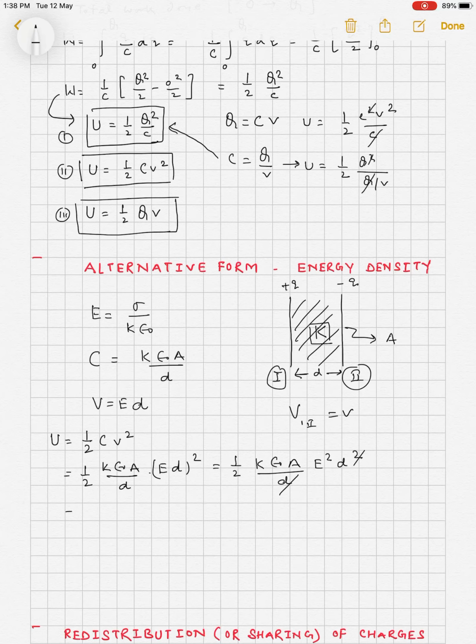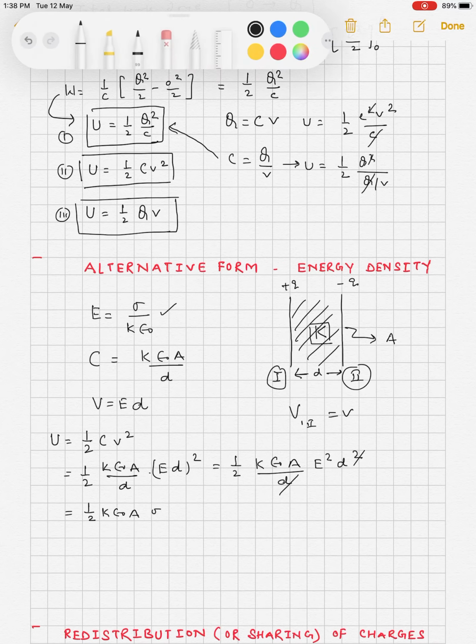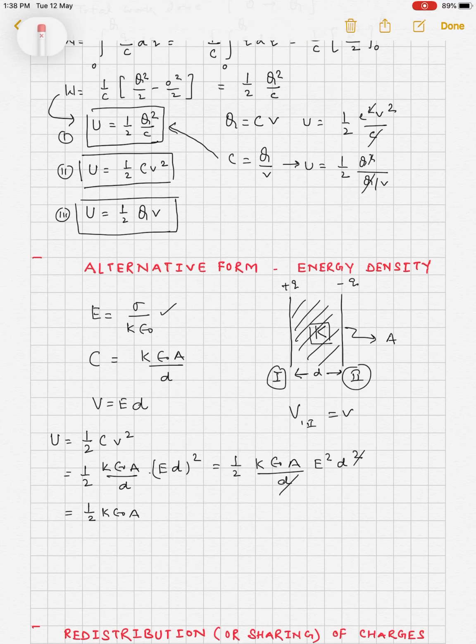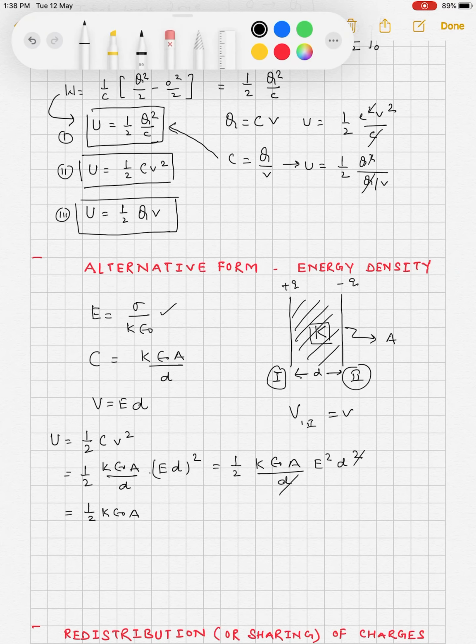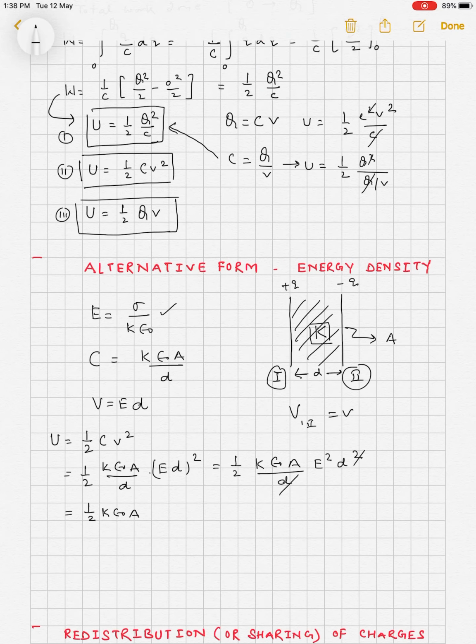So putting this value of E, half K epsilon naught A, E is sigma upon K epsilon naught, it should remain in the form of E, no need to convert it. So it is in the form of E. So half K epsilon naught E square A d. So this is U.